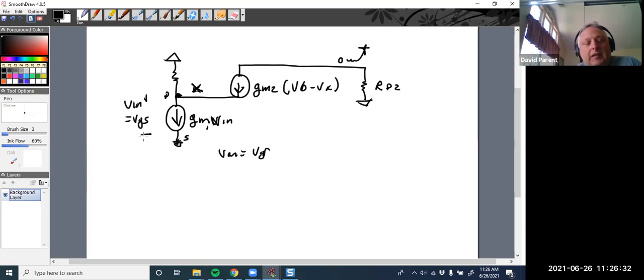So let's try to. I have this coming into the node, and I'm just going to call that ID2. This is coming out of the node.